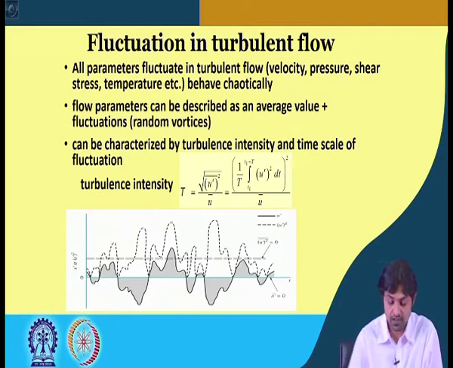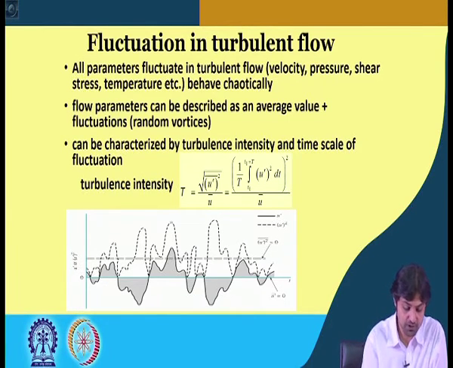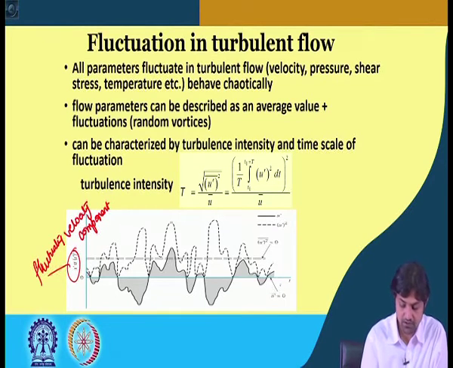You see we have plotted it again as a function of time, the fluctuations. Here it's not the average velocity, it is the fluctuating velocity component as a function of time.